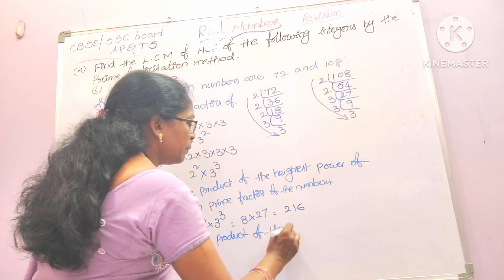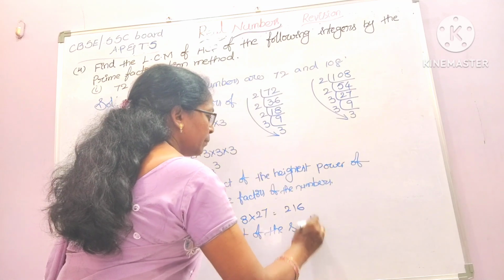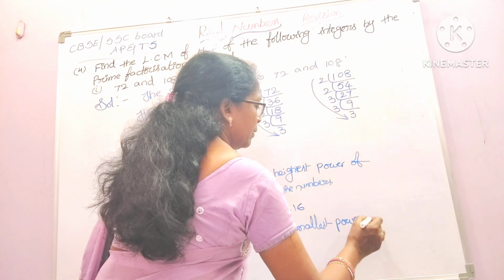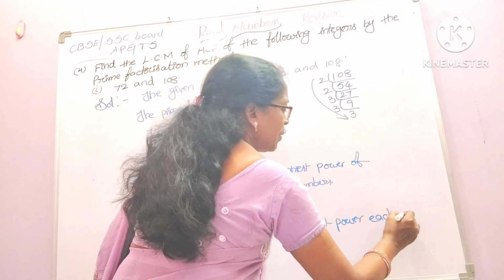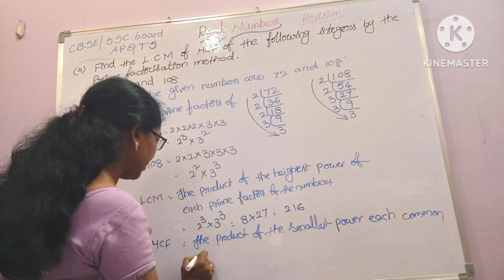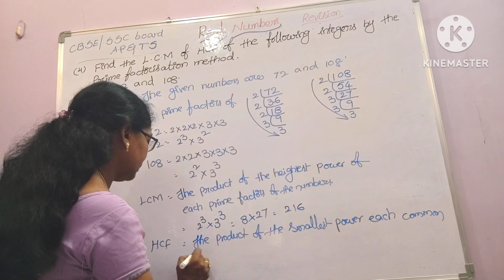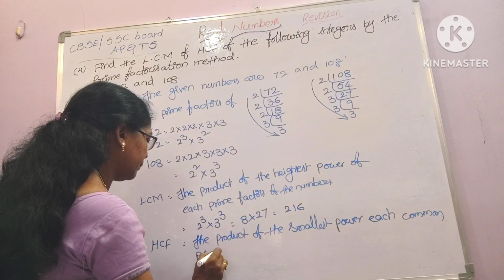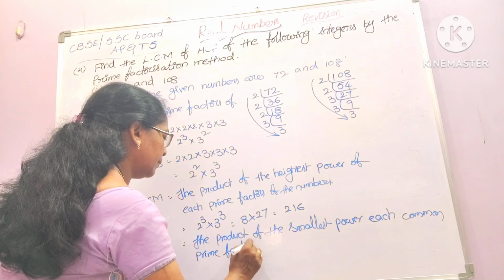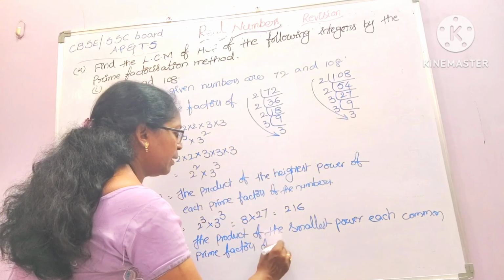HCF equals the product of the smallest power of each common prime factor of the numbers.